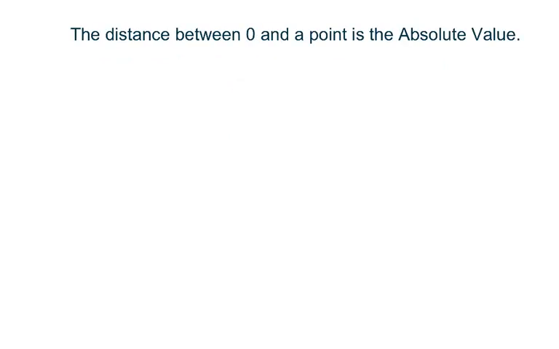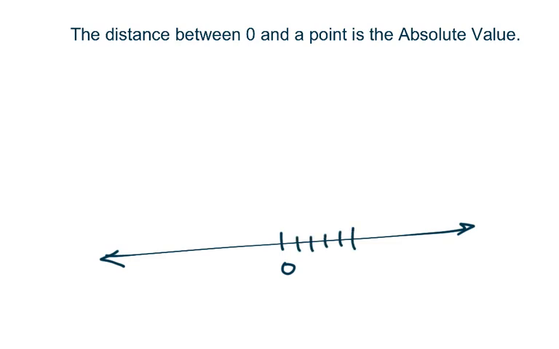Next, we're going to talk about the absolute value with variables. Let's say we have a number line, and the number line is centered at 0. And let's say we have a point all the way up here that's called x, and a point all the way down here called negative x. If we want to take the absolute value of x, what is that?